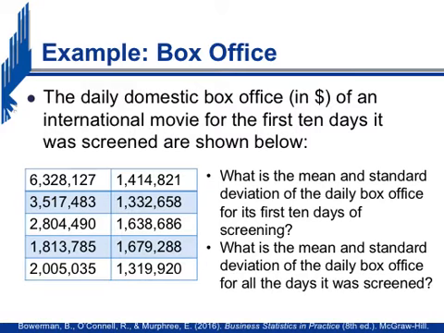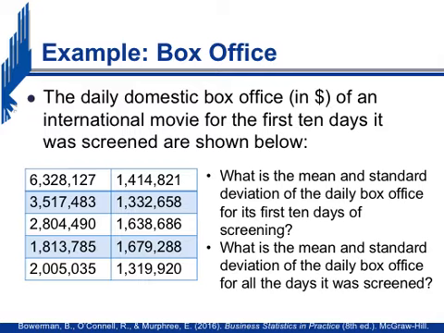Now, in this example, we have the daily domestic box office in dollars of an international movie for the first 10 days it was screened. Now, for the first question, we need to compute for the mean and standard deviation of the daily box office for its first 10 days of screening. While for the second question, we have to compute for the mean and the standard dev of the daily box office for all the days it was screened.